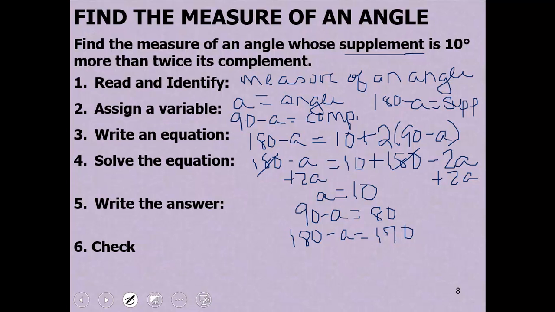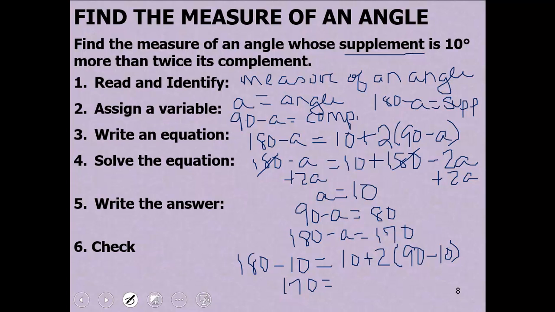And then I have to check. So I have 180 minus 10 is equal to 10 plus 2 times 90 minus 10. Okay, so this simplifies to 170.